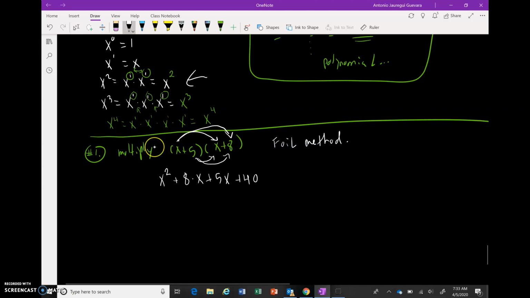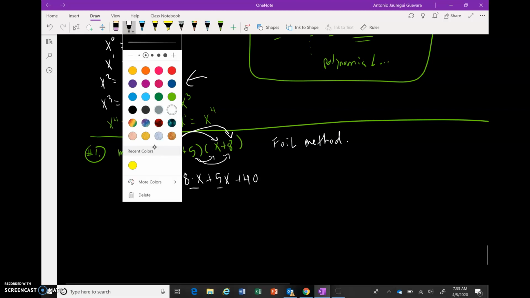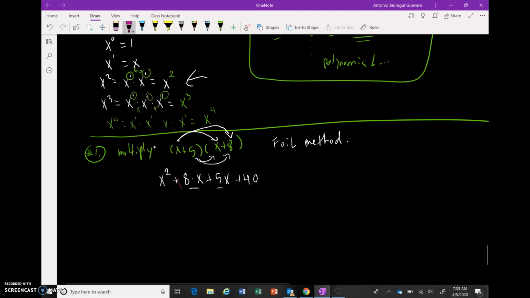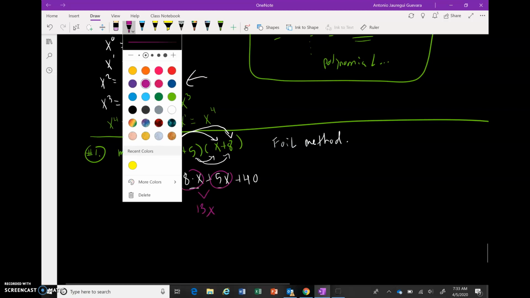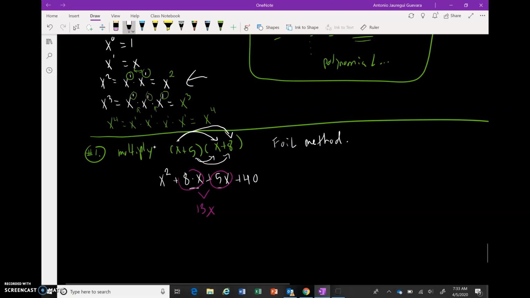So we combine the like terms. The like terms are right here. 8x plus 5x gives you a total of 13x. And you just drop down your x squared plus 13x plus 40.